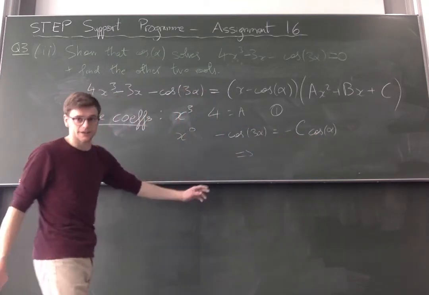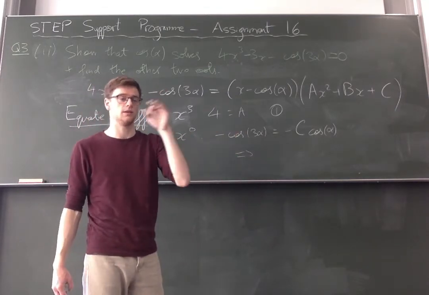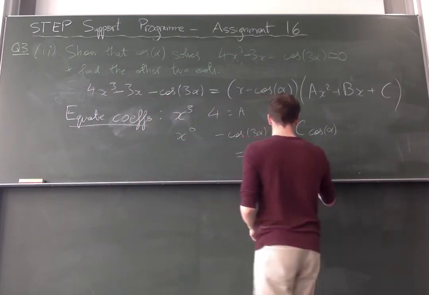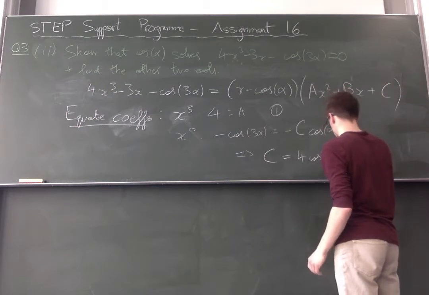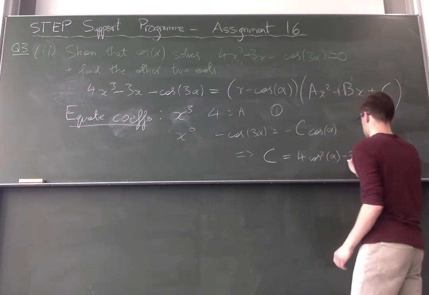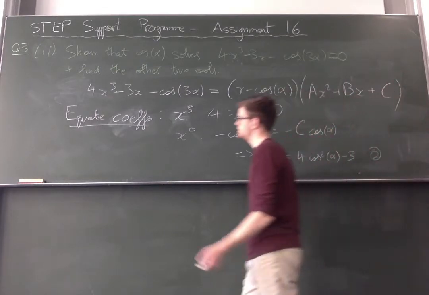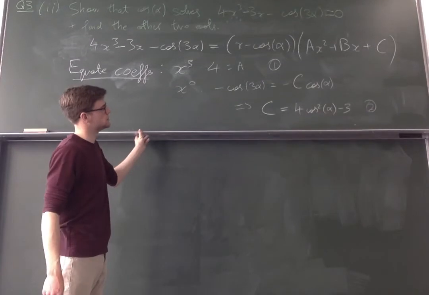In fact, we know it's got a factor of cos alpha, because it's 4 cos cubed alpha minus 3 cos alpha. So we know that C is going to be equal to, cancelling the minus terms, 4 cos squared alpha minus 3. I'm just going to call that 2, just in case I want to refer back to it. Sometimes you don't refer back to it and it looks a bit silly, but sometimes you do.